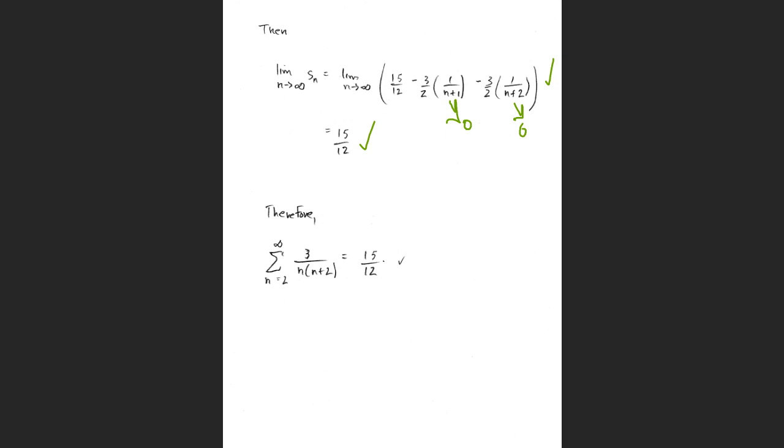If you were to program this series in a computer and have it keep generating terms and adding them, and run for years and years, eventually you're going to get a decimal very close to 15/12. And so that's the answer.